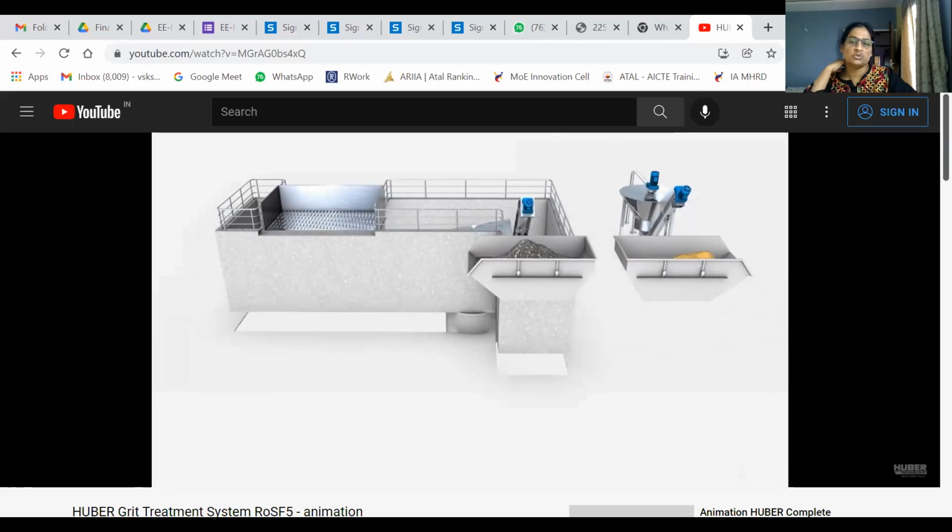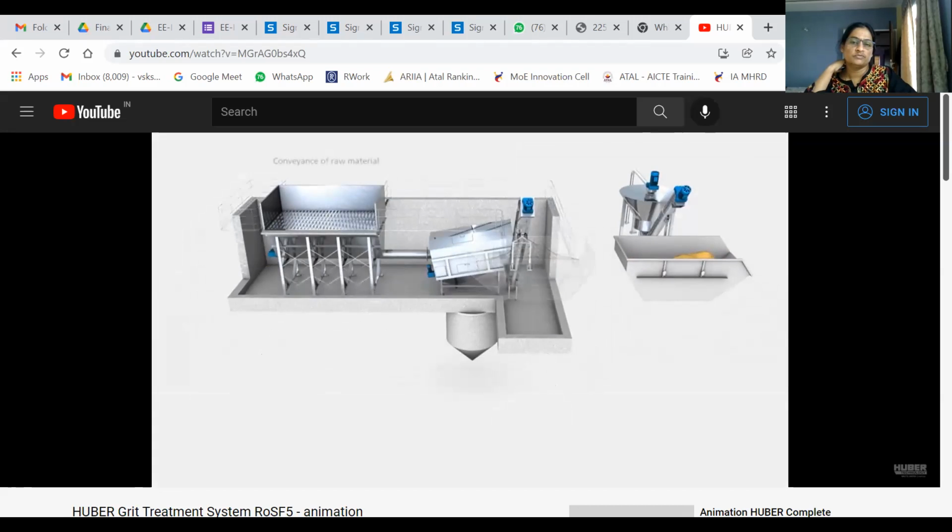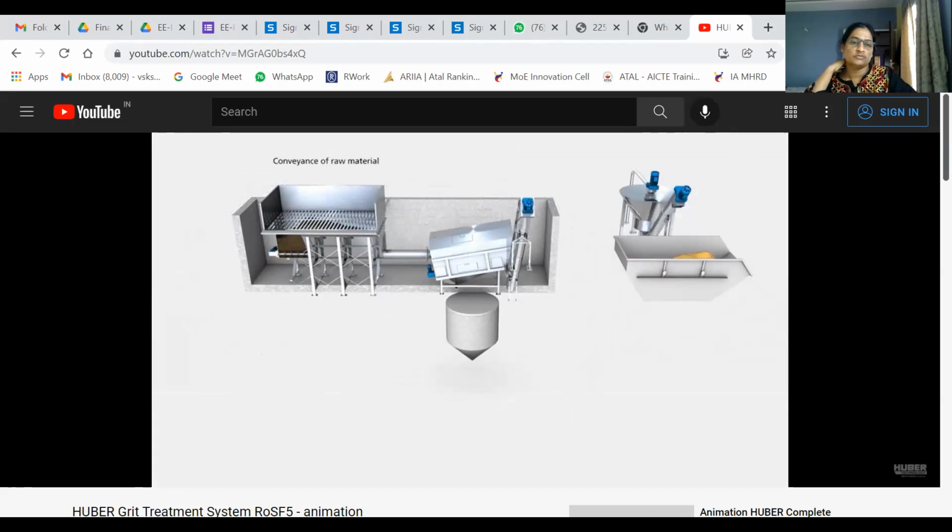Let us try to understand what they are showing. The function they are showing is how the grits enter the wastewater, and the conveyance of raw water.